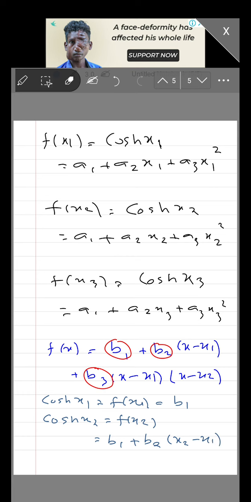And the last one, cos h(x3), its value is equal to b1 plus b2 (x2 minus x1) plus b3 (x3 minus x1) and (x1 minus x2).